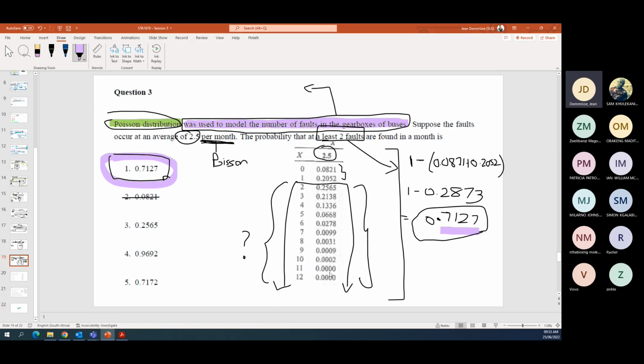So this was probably 0,4 and there was something else, but that is unfortunate. In the exam they would have made sure that will not happen. And if that happens in the exam, you WhatsApp me directly.